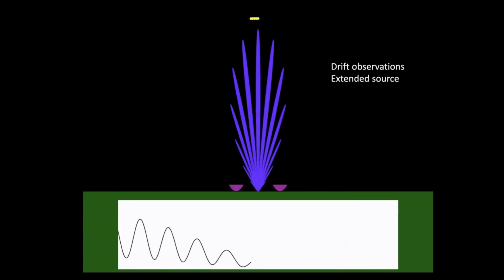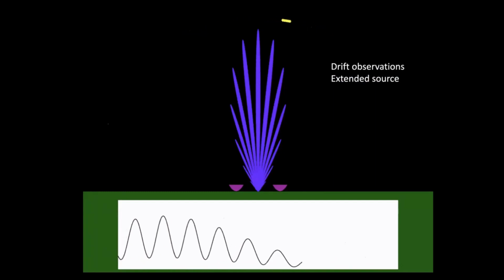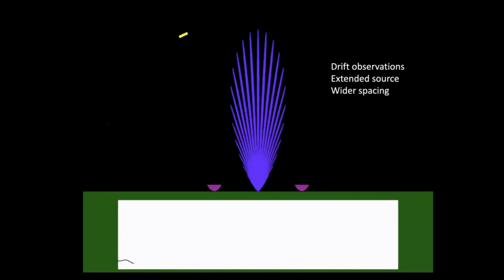And we have an extended radio source up there, but the lobes are wider than the source. But if we move the aerials apart, we move the fringes closer together, and the fringes disappear because some bits of the source are in the beam and some bits are outside the fringe. And that was how, in the 1950s, people began to understand the angular structure of radio sources. Very, very crude.